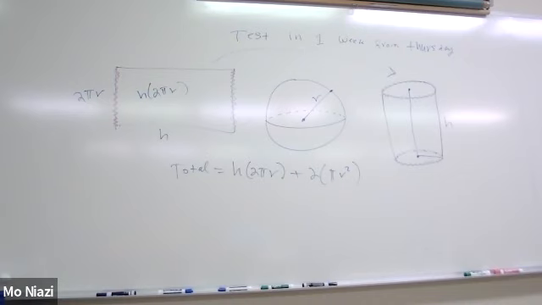Very good. Yeah. It would be the area of that disc in the base. So it's just a circle, right? What's the area of the circle? I know this. So you can calculate that.